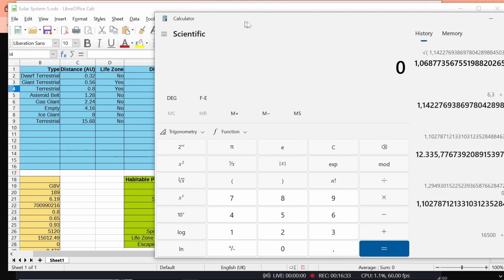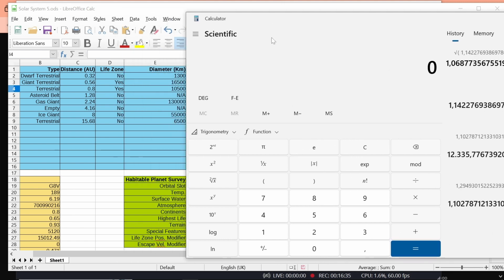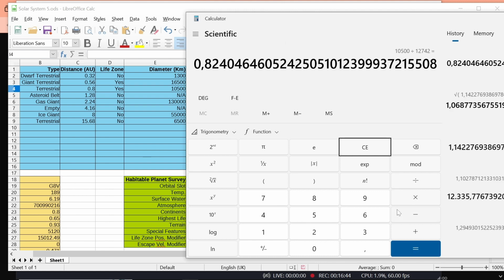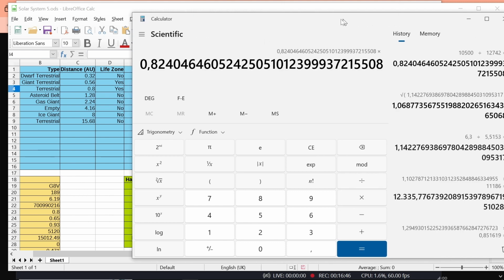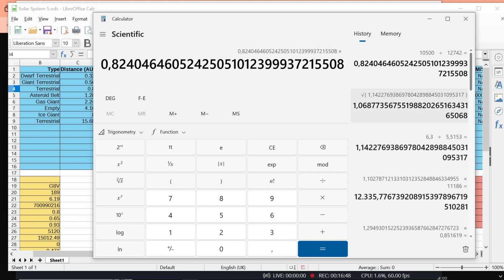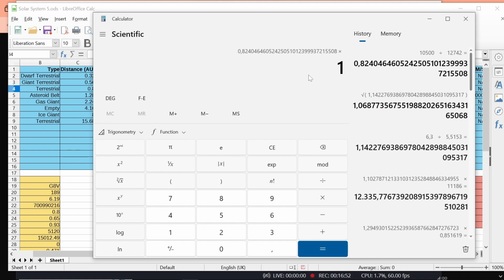Now, the diameter was 10,500. 10,500 divided by 12,742 equals that. We're going to multiply it by this number over here, the result of the last one, which is 1.06877.